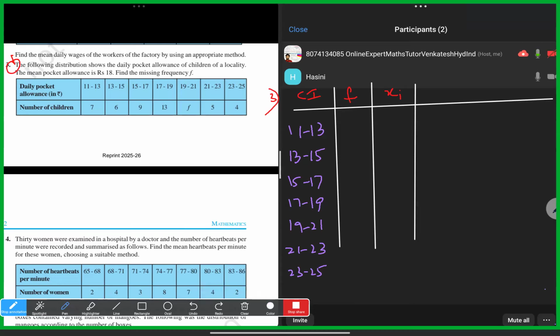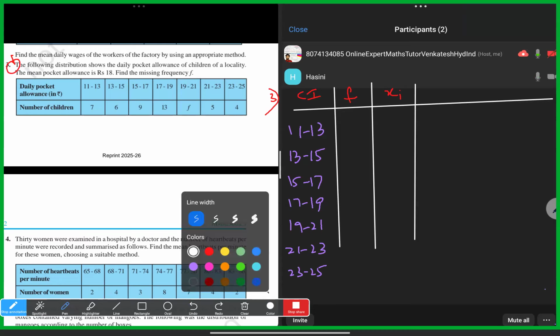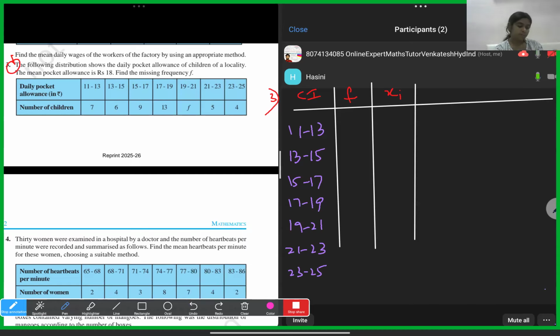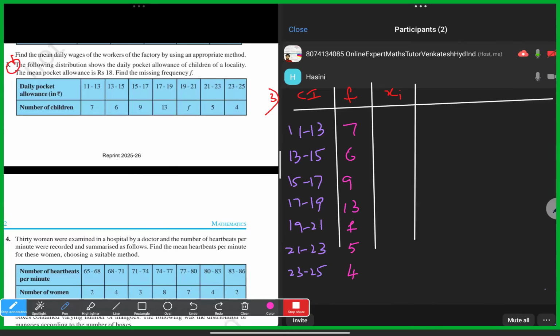Now the frequency values I'm writing: 7, 6, 9, 13, F, 5, 4.